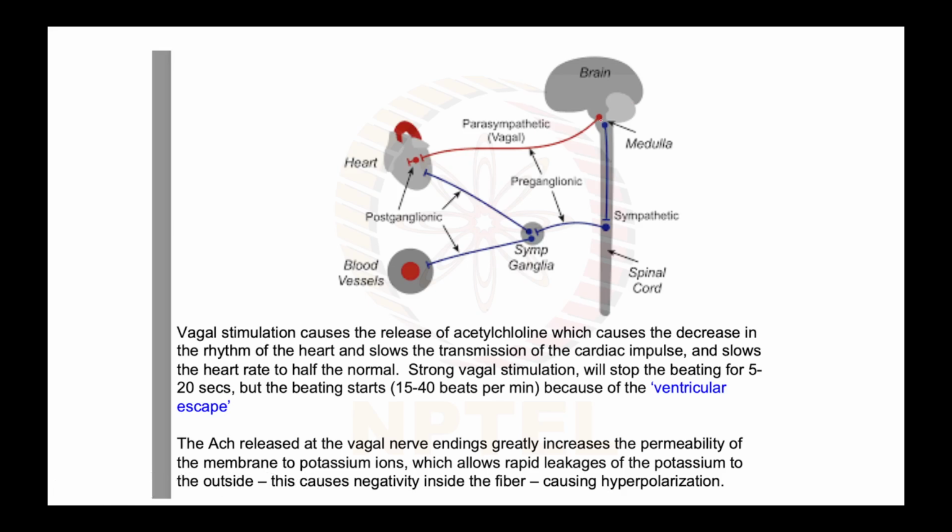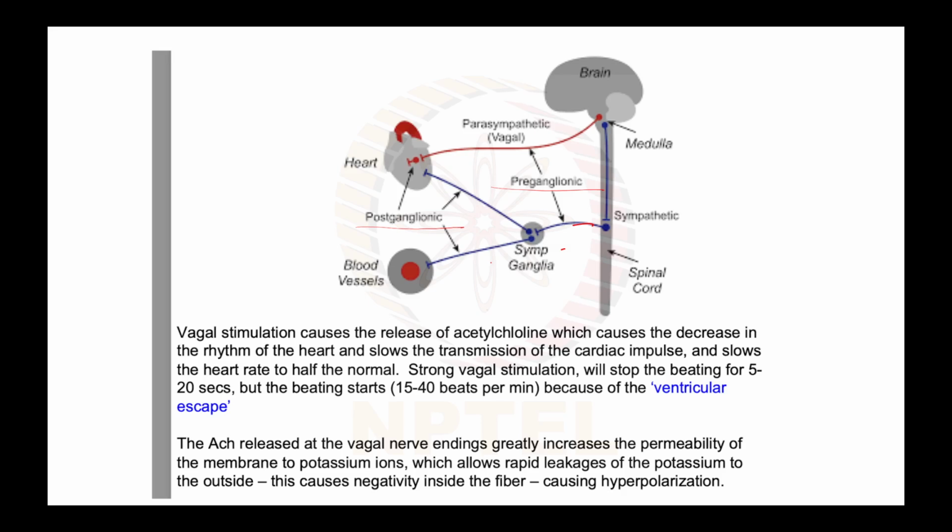So here you can see from the brain, this vagal nerve is a parasympathetic system. It brings the signal, and before the ganglion it is a preganglionic fiber, and after the ganglion, the nerve carrying the signal is a postganglionic fiber. This is called the parasympathetic system.